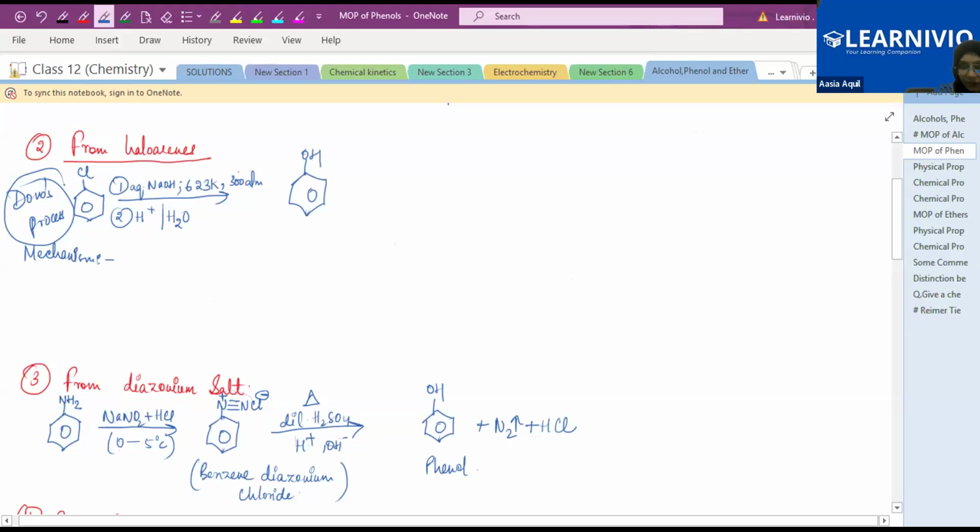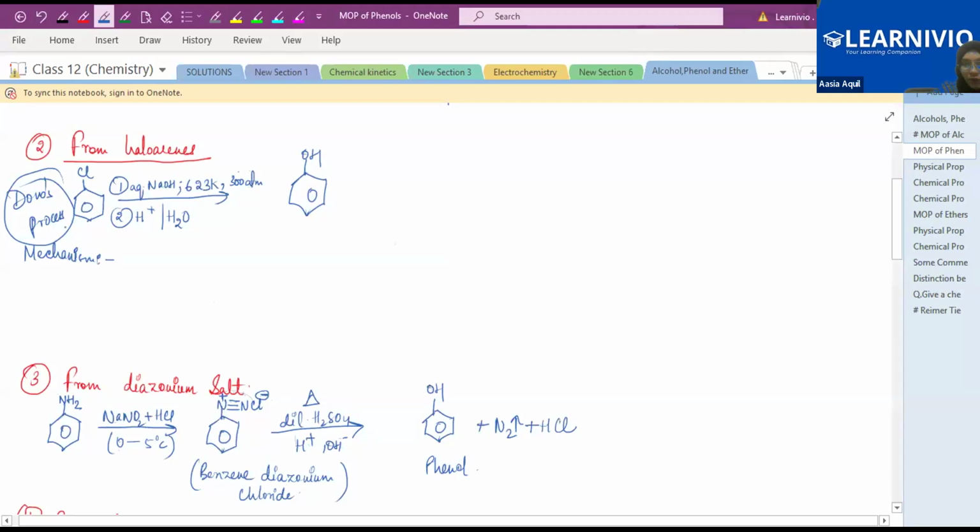In the first step, you treat it with aqueous sodium hydroxide at 623 Kelvin and 300 atmospheric pressure. At very high temperature and very high pressure this nucleophilic substitution reaction in haloarene is possible, but it is not possible at room temperature.